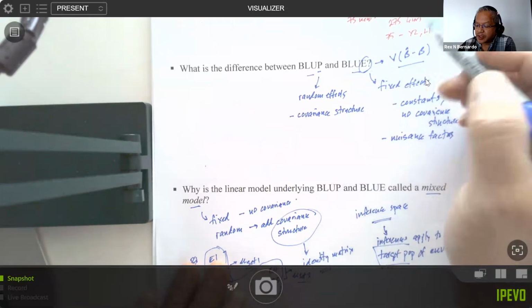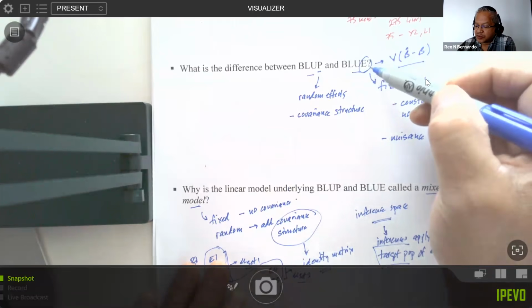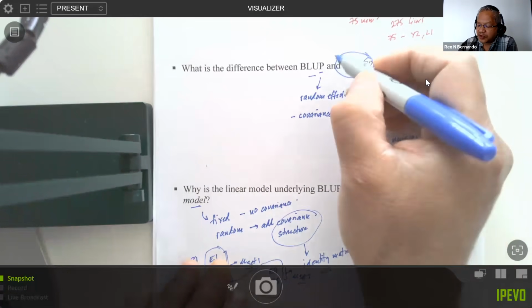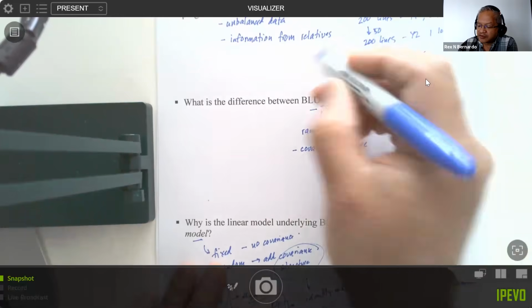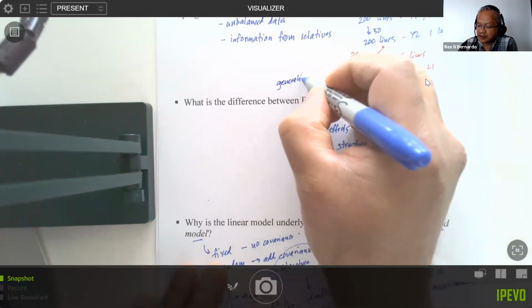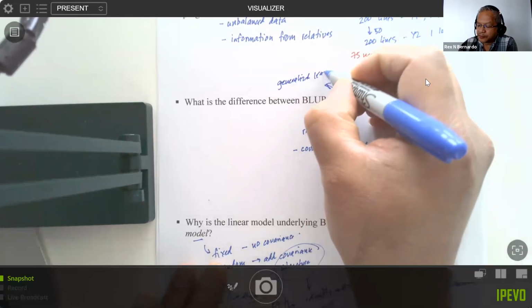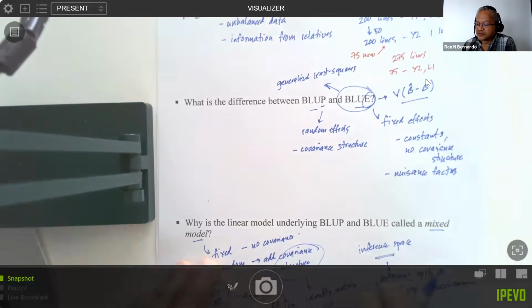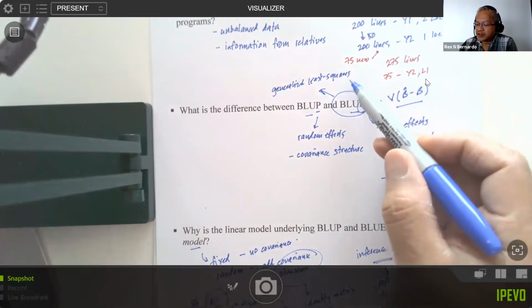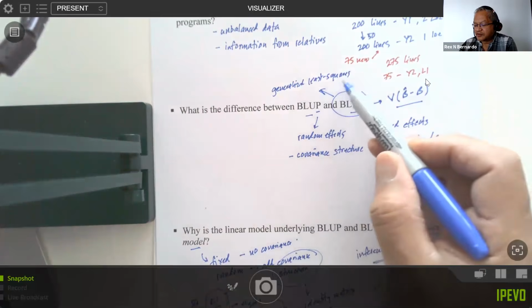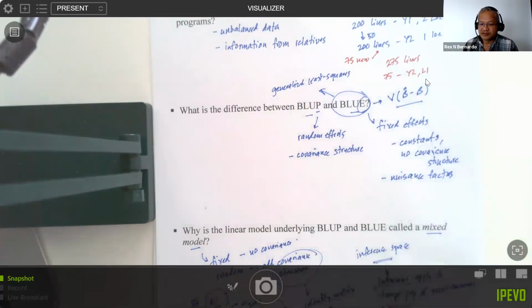So yes, we do statistical tests with BLUEs, but not with BLUP. What you get in BLUE is identical to what you would get with a generalized least squares procedure. And so, to the same extent that you can do statistical tests with fixed effect estimates from generalized least squares, you could do this in that context as well.